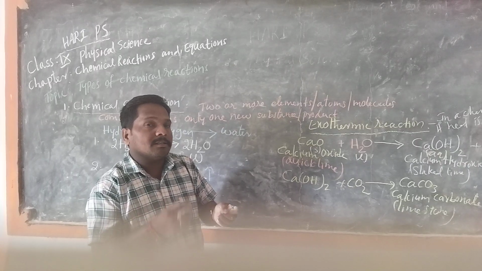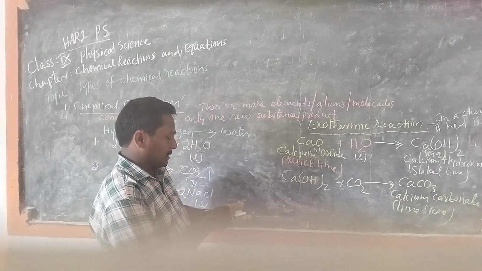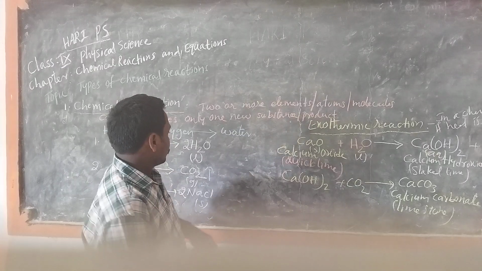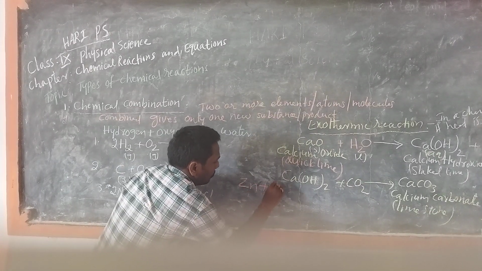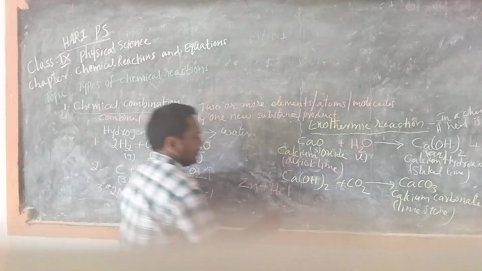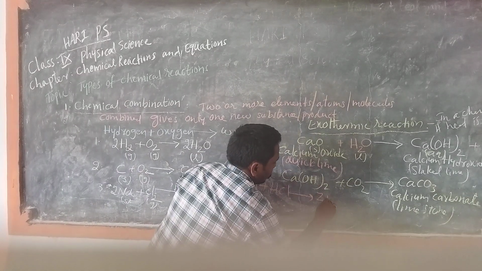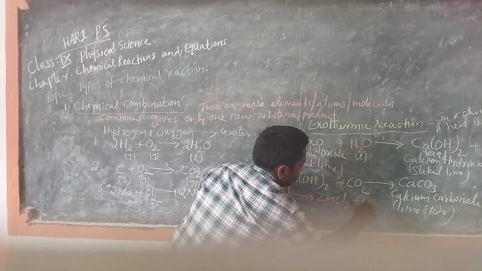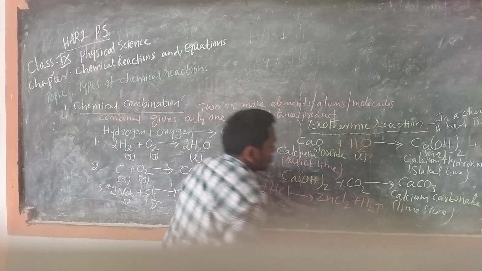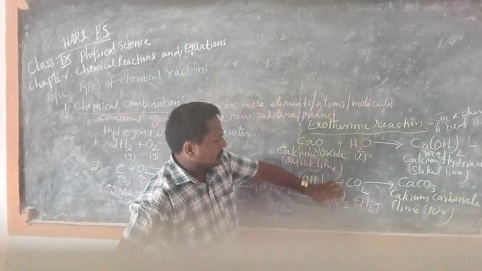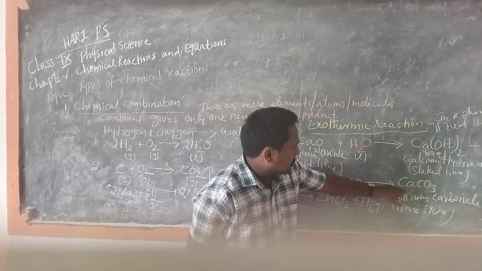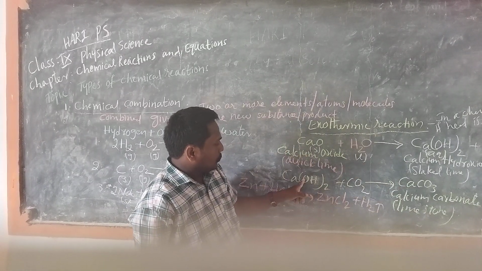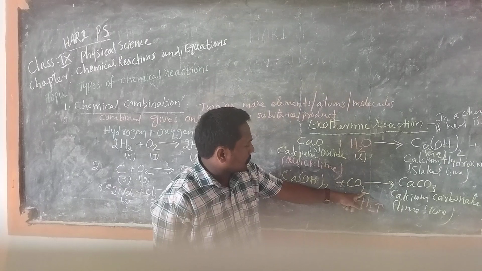Think of zinc reacting with hydrochloric acid. When zinc combines with dilute hydrochloric acid, it gives rise to zinc chloride plus hydrogen. Before that, let us check whether it is a balanced chemical equation.